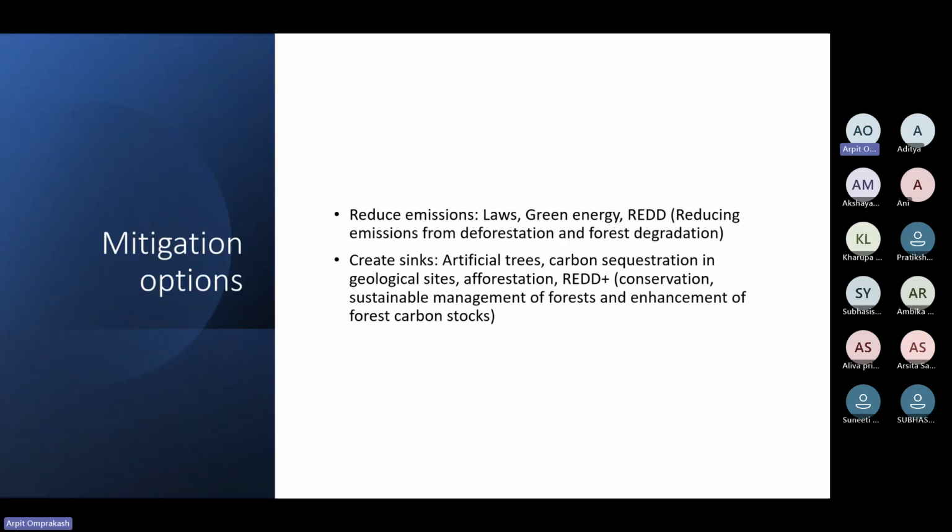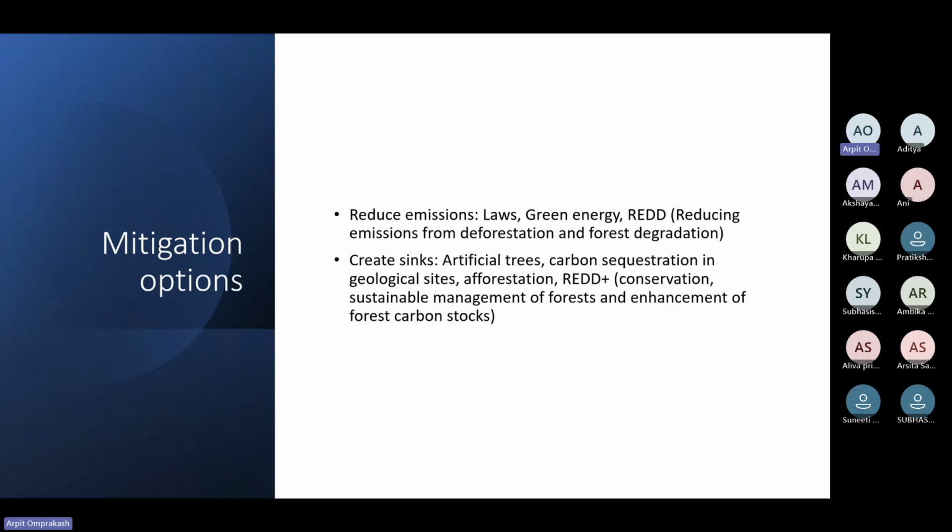Okay. So what are the options for mitigation? The options are reducing emissions, so putting in laws and policies, adopting green energy initiatives such as solar, geothermal, hydrothermal, and other sources of power instead of coal or fossil fuels. Then reducing emissions from deforestation and forest degradation.